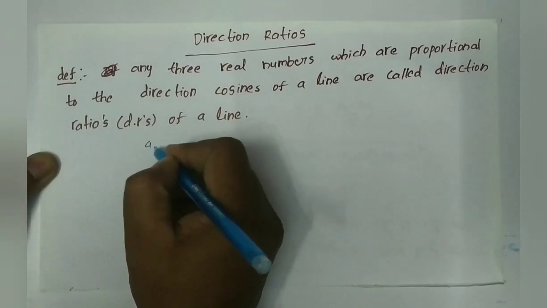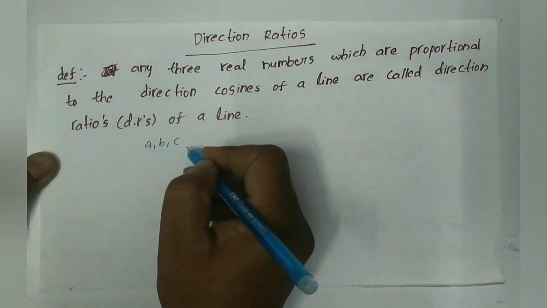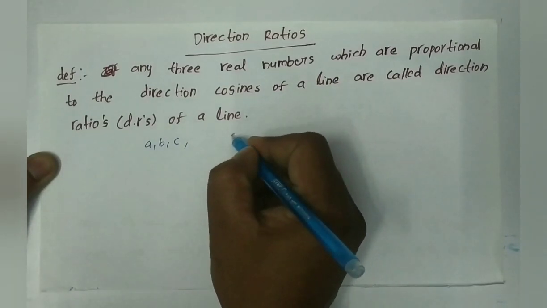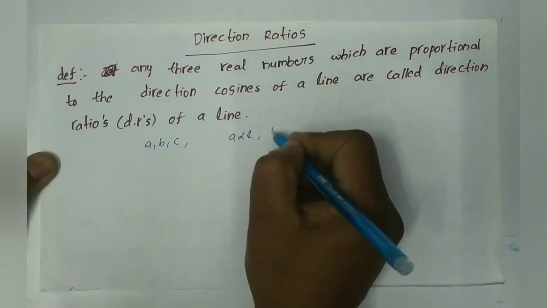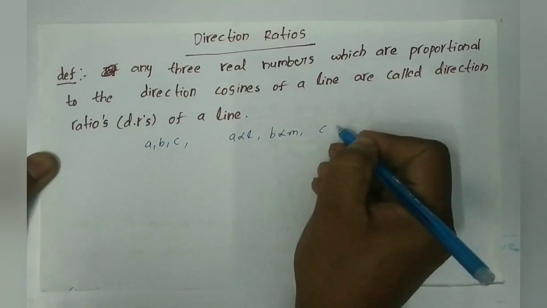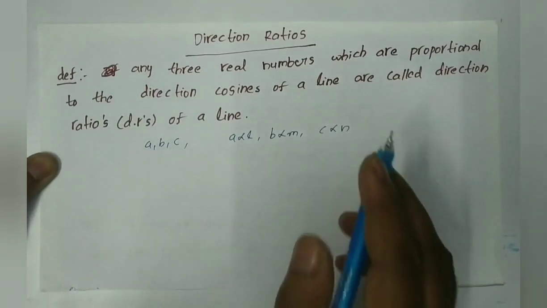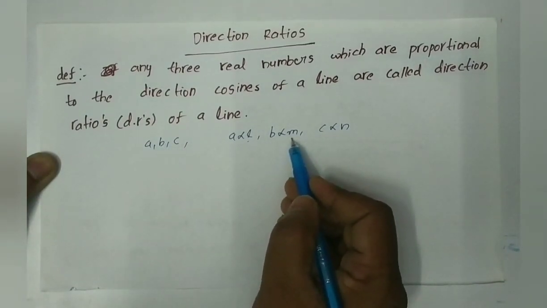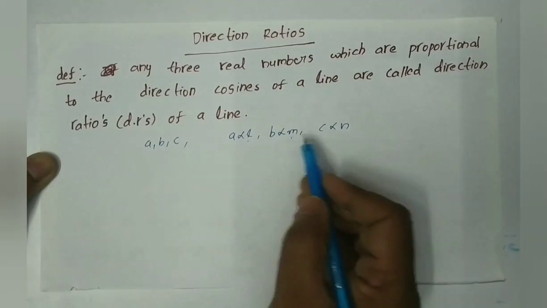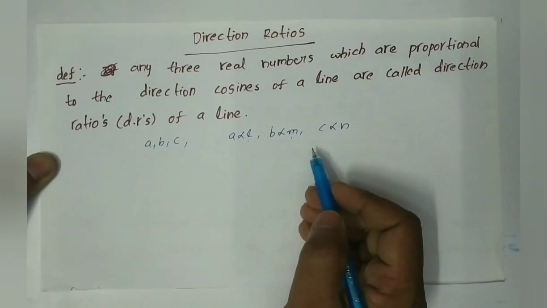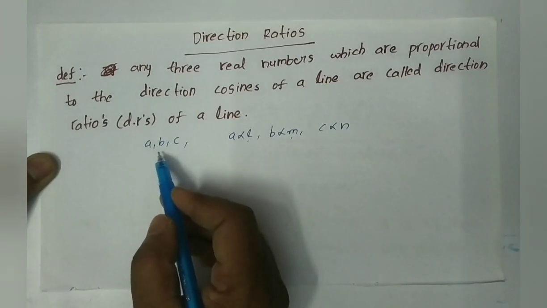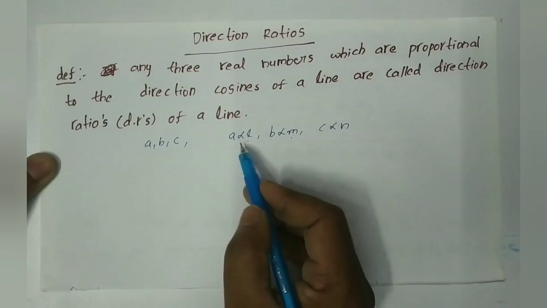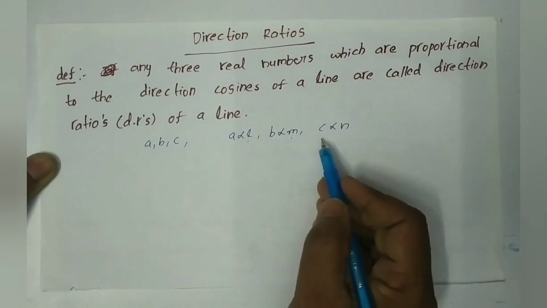Suppose we consider a, b, c, any three real numbers, and also consider a proportional to l, b proportional to m, c proportional to n.